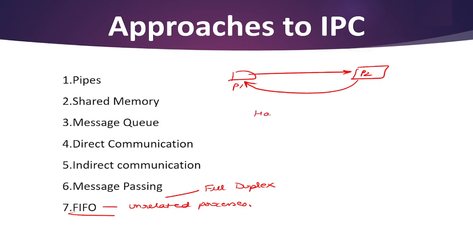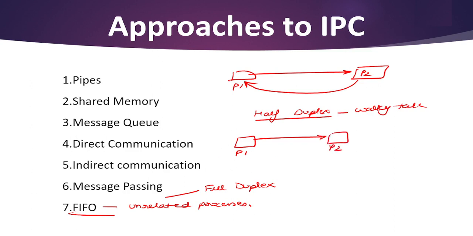In case of half duplex, it works like a walkie talkie. If person P1 is saying something to P2, until P1 finishes speaking, P2 has to remain quiet. Once P1 has finished speaking, only then is P2 allowed to say something.